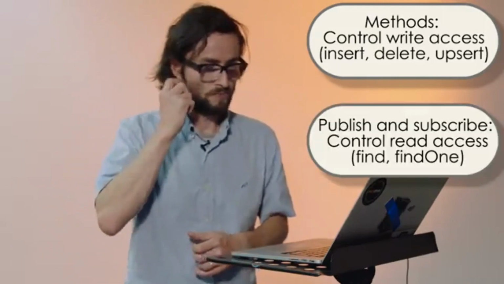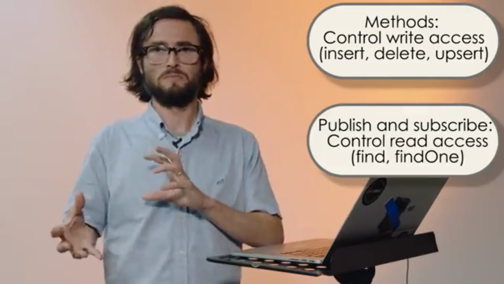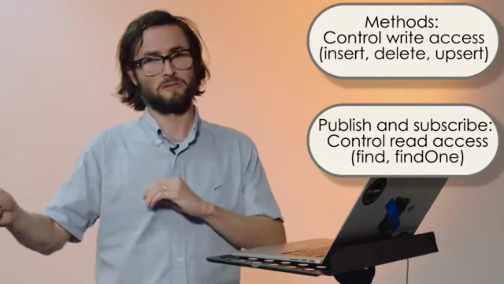Publish and subscribe, this Meteor technique we're going to look at in this lesson, allows you to control read access to the database. In other words, control what the current connected client can see from your database. So it's really a counterpart to the methods. And we're going to use it to control whether people can see public or private documents from other people. So let's have a look at that now.